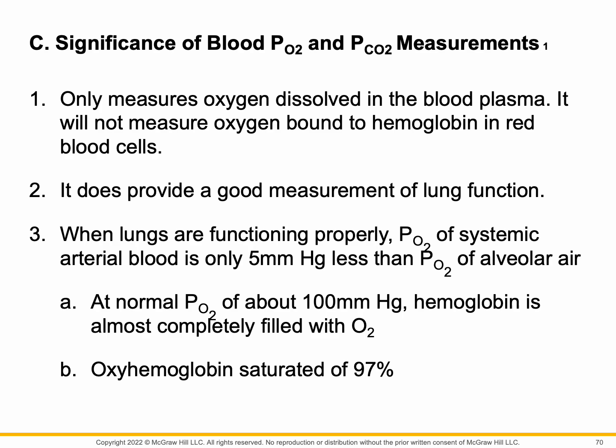At normal partial pressure of oxygen of about 100 millimeters of mercury, hemoglobin is almost completely filled with oxygen. The oxyhemoglobin saturation in this case would be 97%.